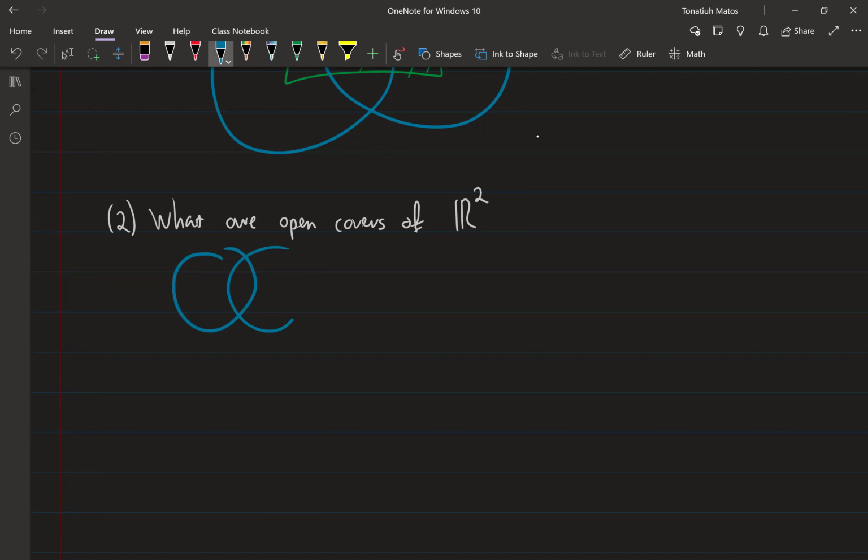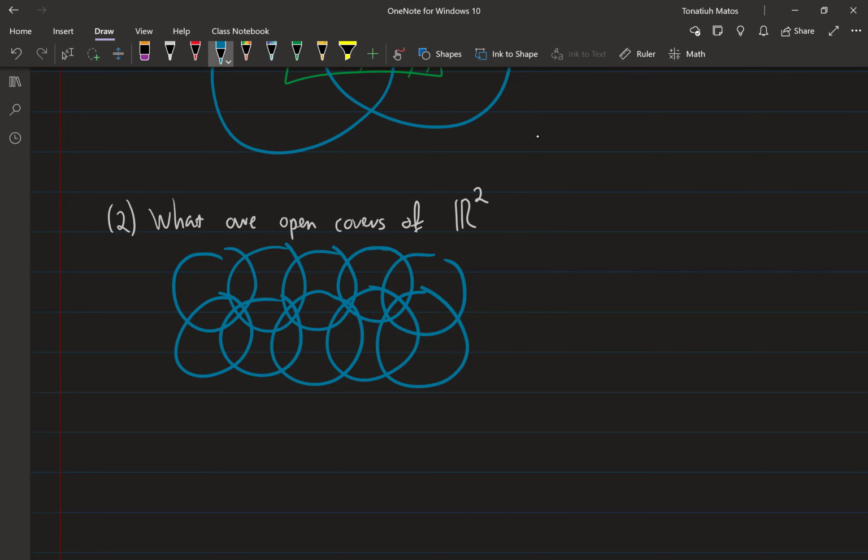For example, you could do something like this, where you take integer coordinates, right? And why don't we just write this down? So an open cover would be you take balls that are centered around (n, m) of radius, I don't really want to do the math right now, so let's just say radius 10. I know you could make the radii smaller, but 10 works. N and m are integers.